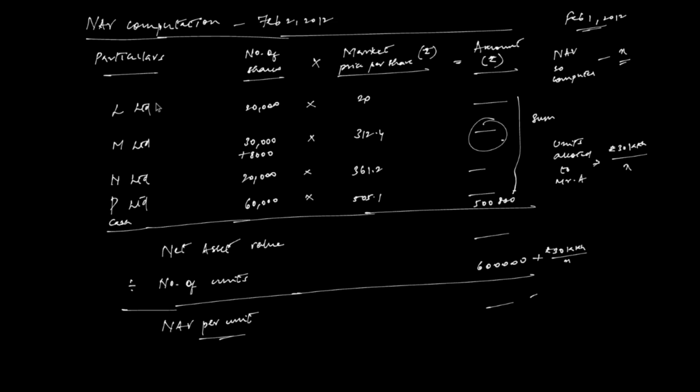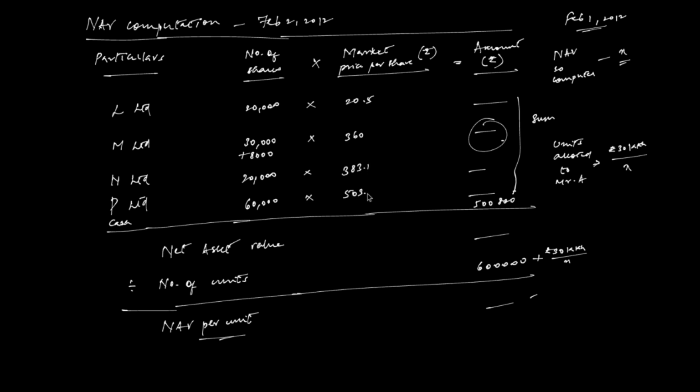Okay. Are the companies same? Yes, it is same. Number of shares, is it same? Yes, it is same. Market price per share, is it same? No, this is not same. This needs to be revised. 20.5, 360. These are the revised market prices per share. Is there any change in cash? No, there is no change in cash.